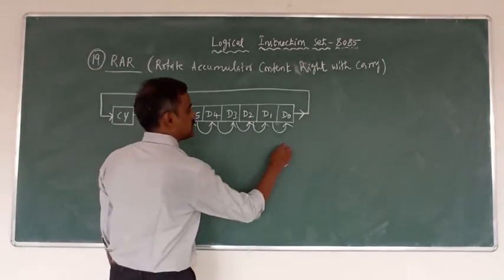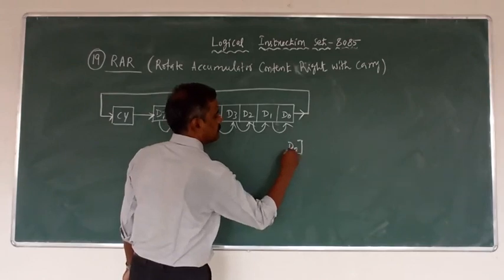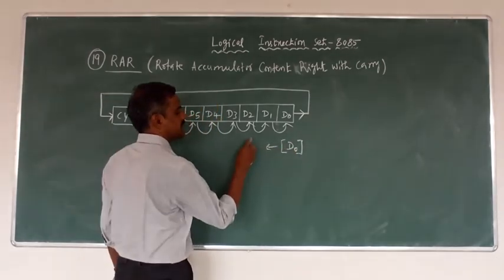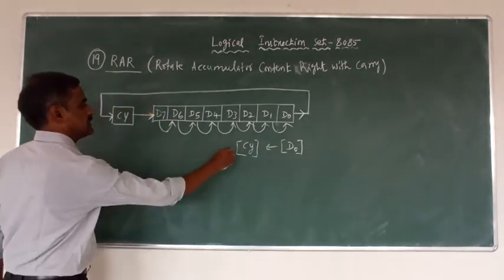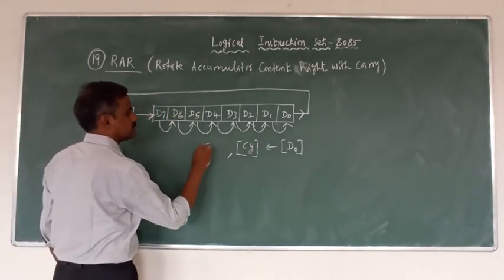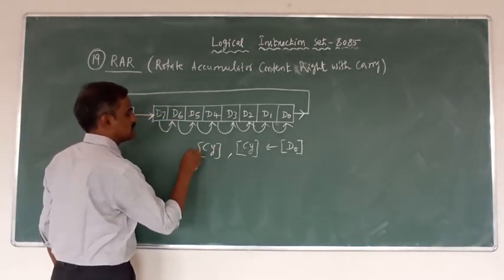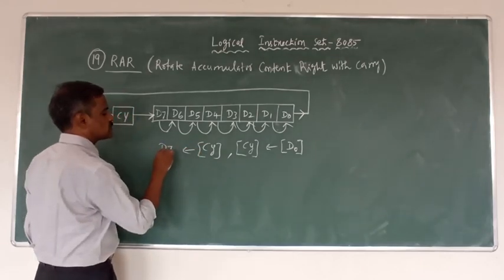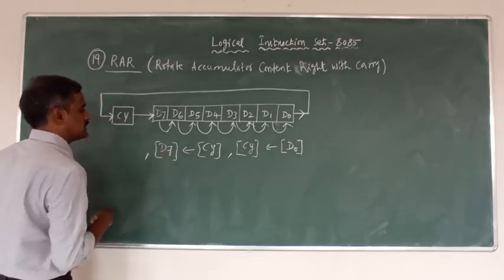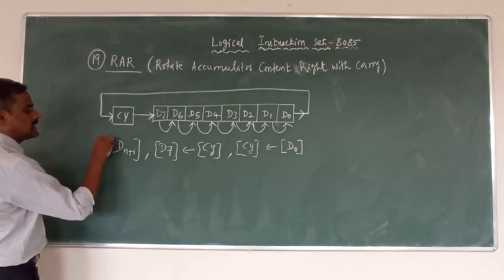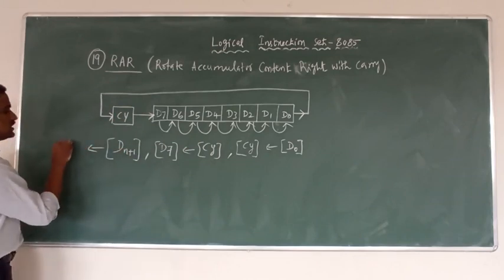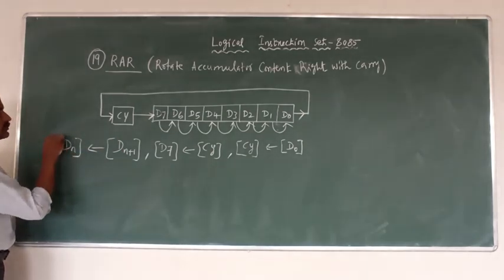Okay. Here the D0 bit data moves to carry, and then the carry data moves to the D7 position, and then Dn plus 1 position data moves to Dn position.